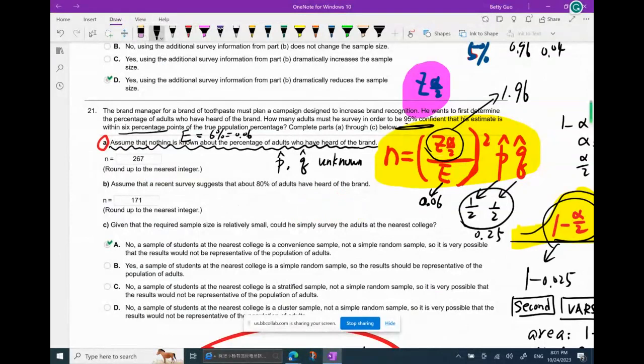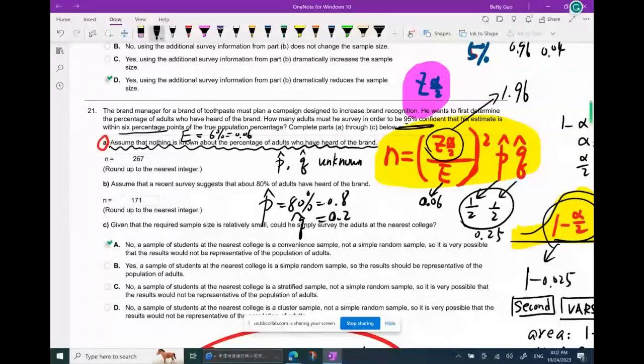Sometimes you do the research, and many other people do the research as well, then you can probably borrow their data. So here, p hat is given. p hat in part B is 80%, or 0.8. Then q hat would be 0.2.